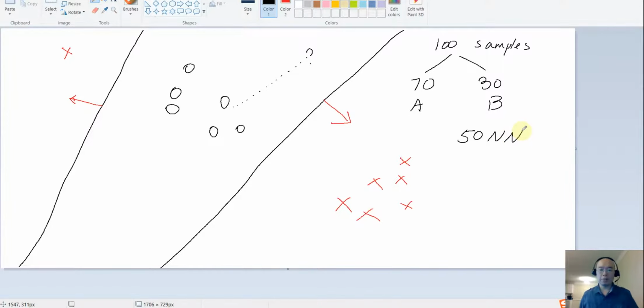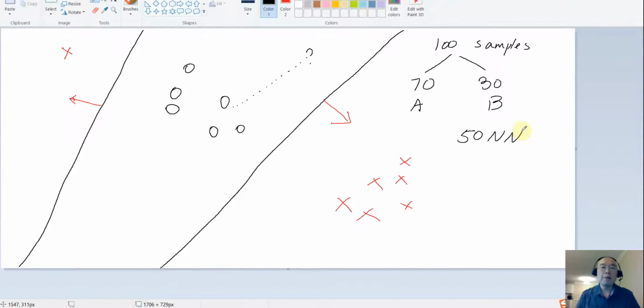Do you see the problem? When you classify with 50 nearest neighbors and the dataset is not that balanced, in most cases the model tends to classify the sample as class A, because class A simply has more samples. If you are doing a vote on 50 samples, it's very likely that class A will win.